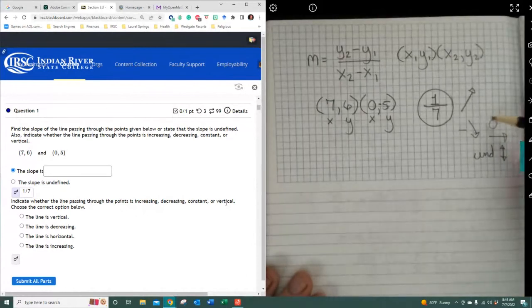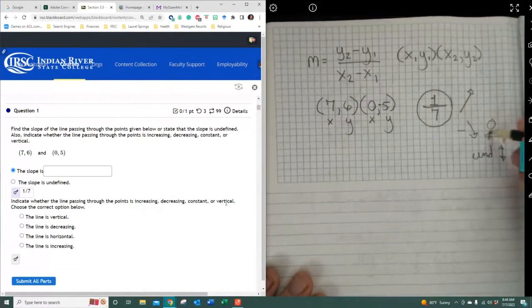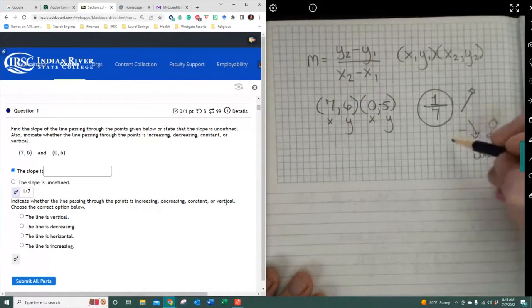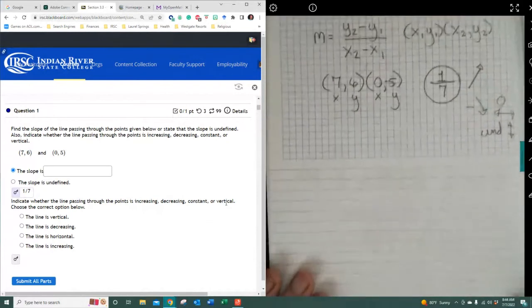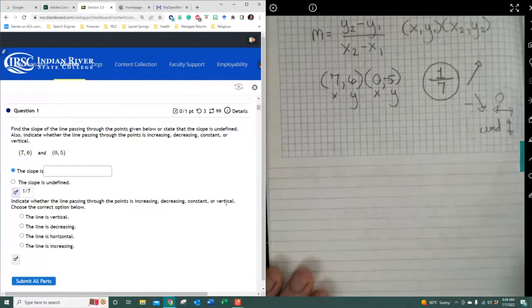If m is equal to 0, it's horizontal. And if it's undefined, meaning you can't divide by 0, 0 would be in the denominator. I'm going to teach you how to find that pretty quick. I'm going to tell you a trick to find these pretty quick. Then I'll continue this process, but it's pretty quick. So this would be an increasing value.